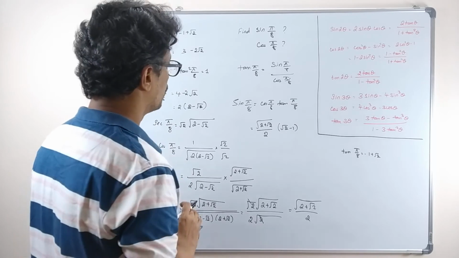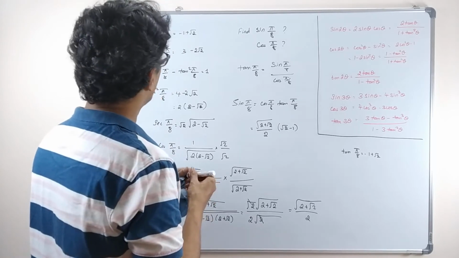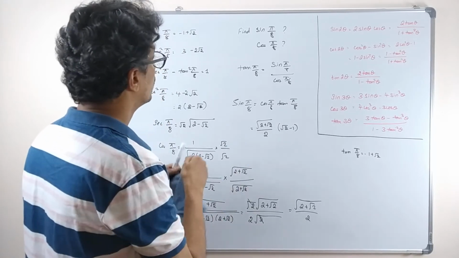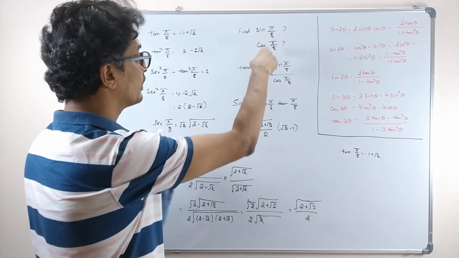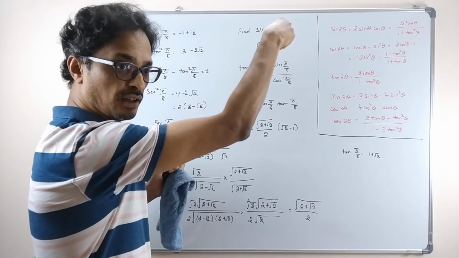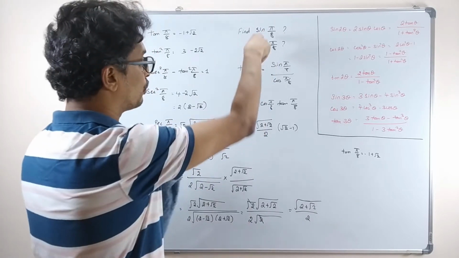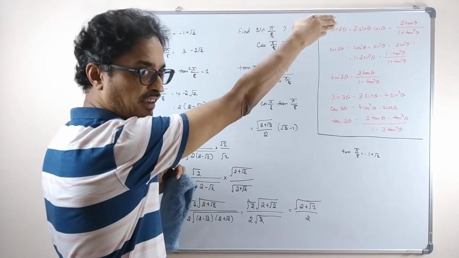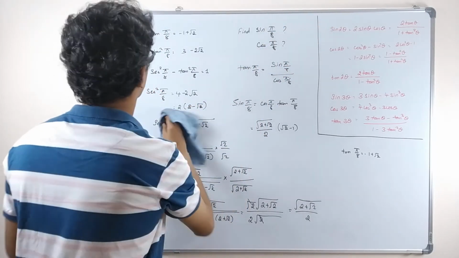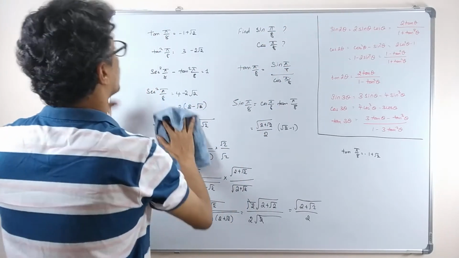Okay, so similarly, you can find it for whatever angle whose twice falls under some standard angle; you can always find it out. Okay. For example, I can give you some more also.